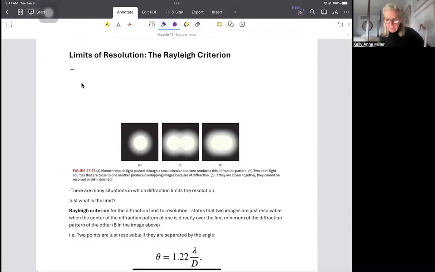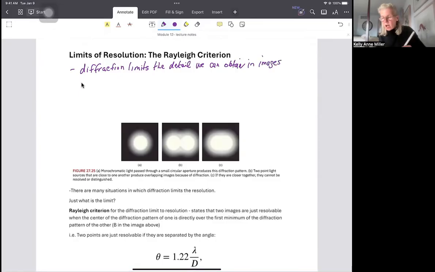It's just diffraction as a concept: because light bends around the edges, diffraction limits the detail that we can see or that we can obtain in images.